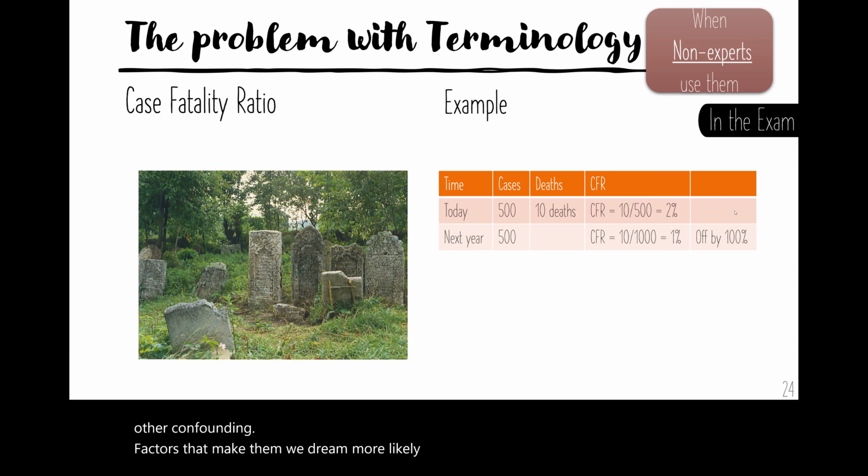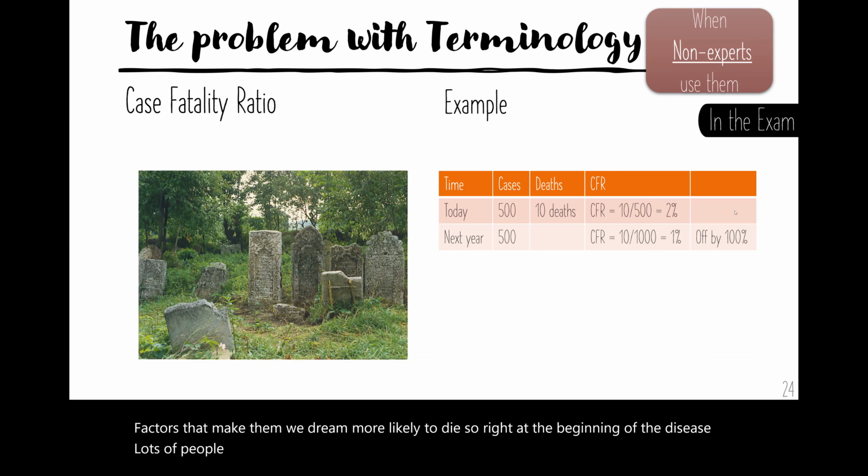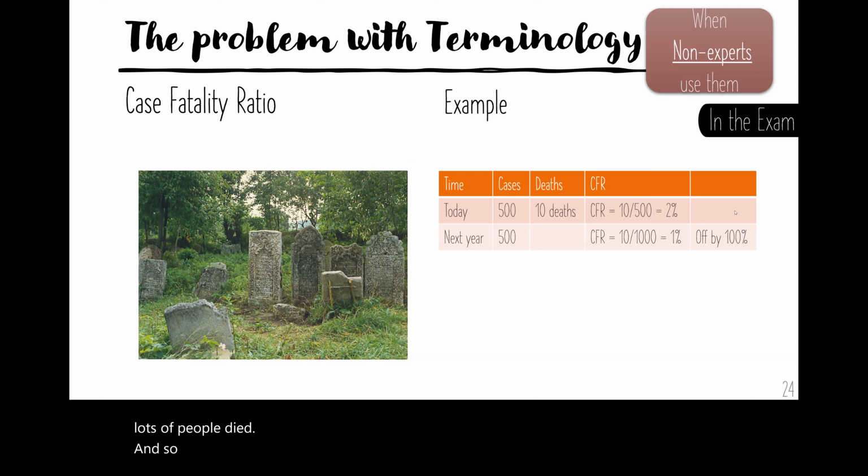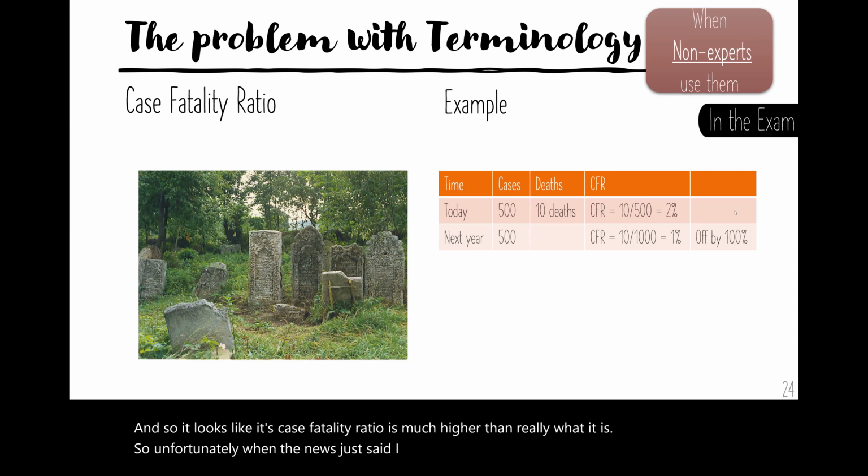So right at the beginning of the disease, lots of people died, and it looks like its case fatality ratio is much higher than what it really is. Unfortunately, when the news just said 10 deaths occurred in 500 people, that number became 2%.